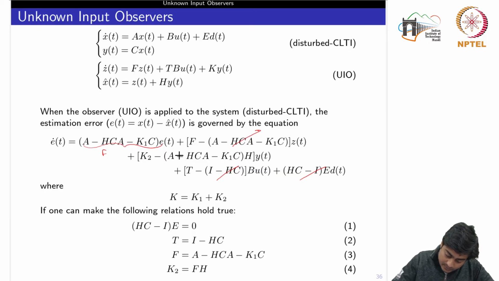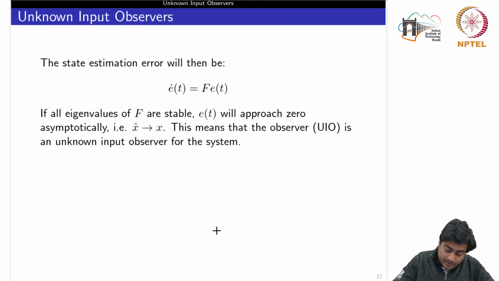Now see this part, this is my F. So if my K2 becomes equal to F times H, this part would also go to 0. So the remaining part is E dot equal to F times E, where if I ensure that F is a Hurwitz matrix, then the error would become 0 asymptotically, meaning my state estimate becomes equal to the actual state.